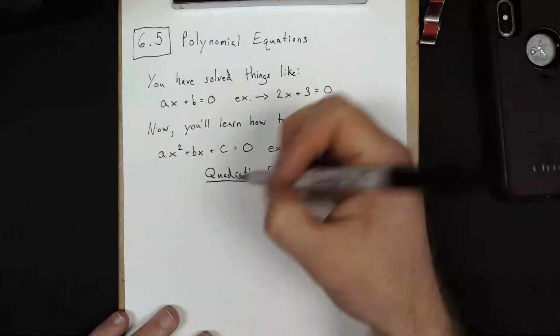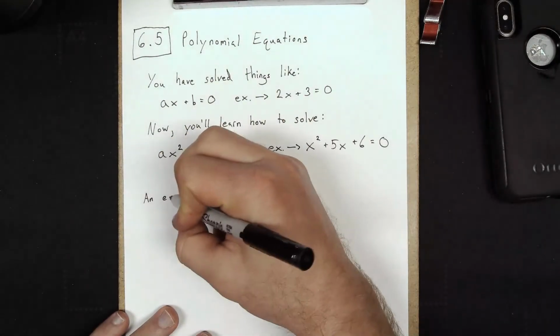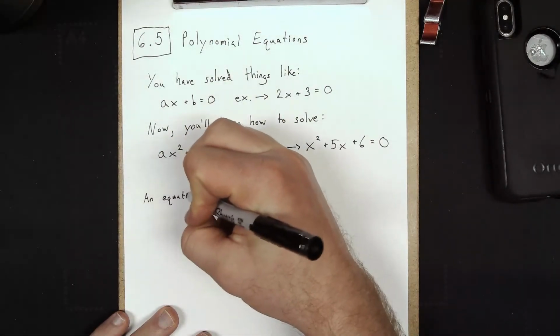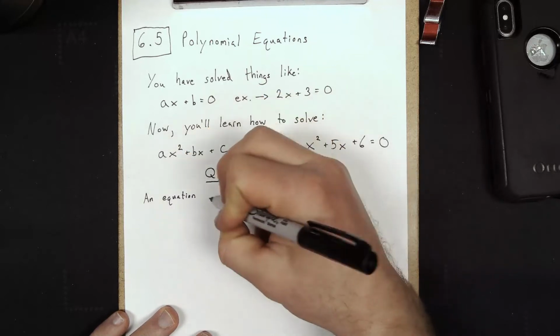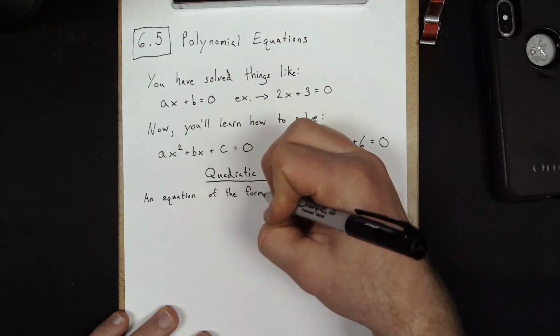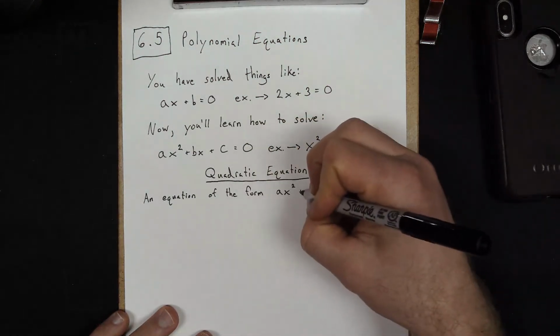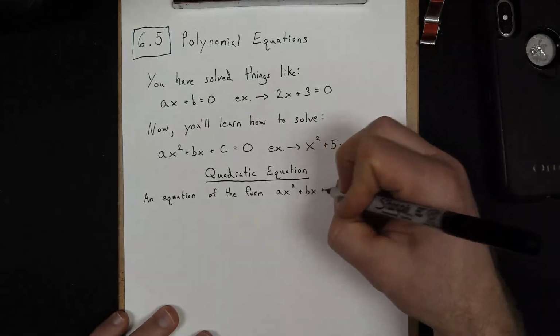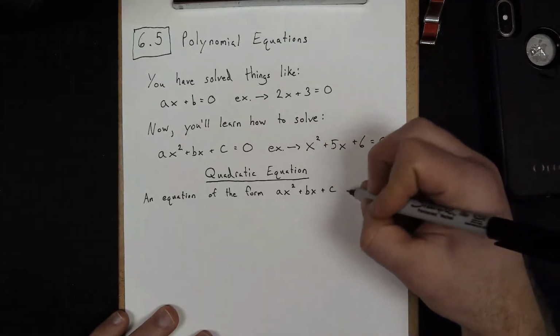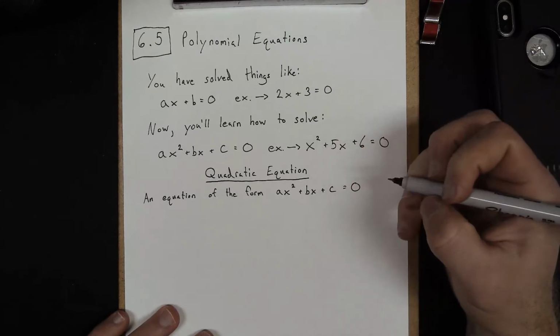Well, a quadratic equation is an equation of the form ax squared plus bx plus c is equal to 0.